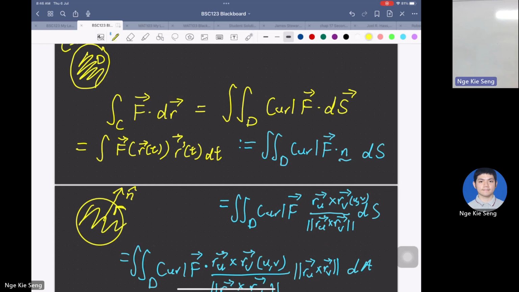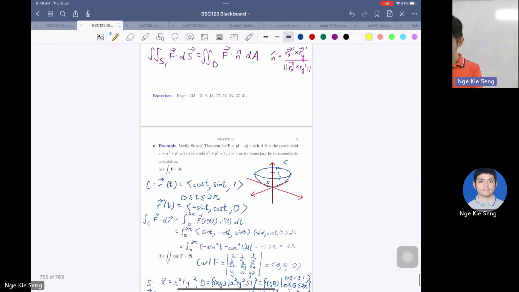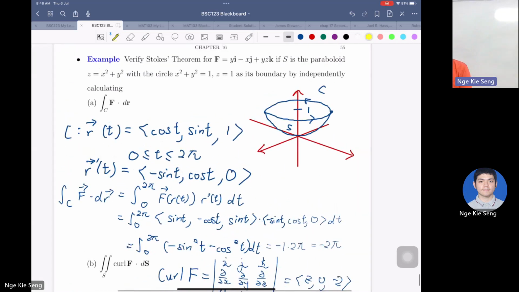In other words, it is outward, positive orientation. Later we will come back again. Let's look at this first.